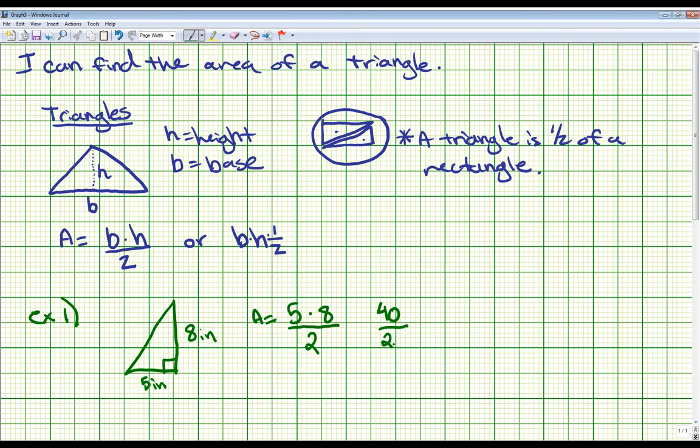Then I have to take that 40 and divide by 2, which gives us 20. So our area equals 20. And the label, again, same as yesterday or parallelogram day, is inches squared. So that entire thing is our label, 20 inches squared for example 1.